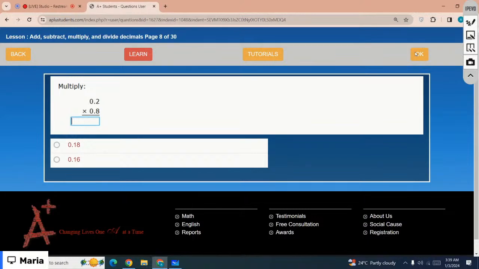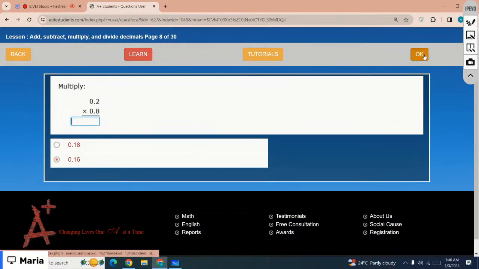2.2 times 0.8. So, which is the correct option? The correct option is 0.16.